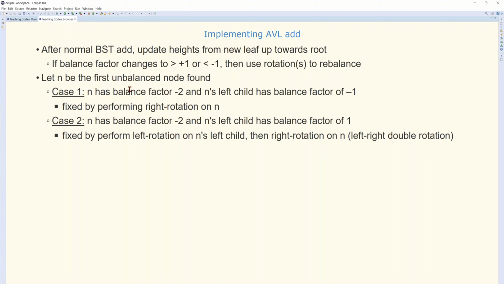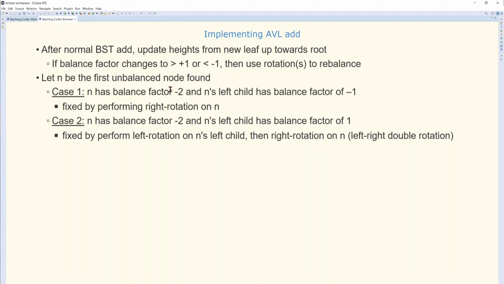While going from the point of insertion towards the root, on the way, when you see a node that is not balanced, which means -2 or +2, since they were all 0, 1, -1, they could not go to 3. They're either -2 or +2.